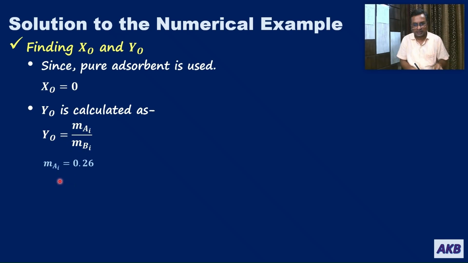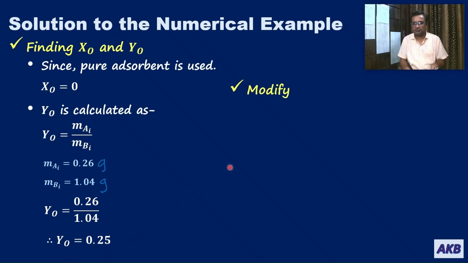MAI we calculated earlier, it is 0.26 gram, and MBI is 1.04 gram. So if you use those values, capital Y0 will be 0.26 divided by 1.04. That is, capital Y0 comes out to be 0.25.